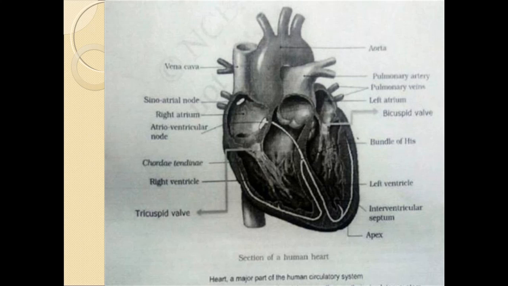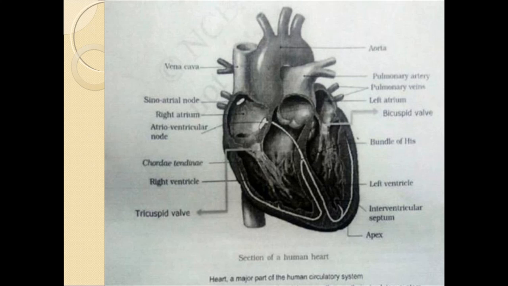Atria are thin walled. Atria and ventricles are the chambers of the heart. Blood is pumped from the atria into the ventricles through the valves. You can see the bicuspid valve here. This helps in transporting the blood from the upper chambers of the heart into the lower chambers, from atrium to ventricle.